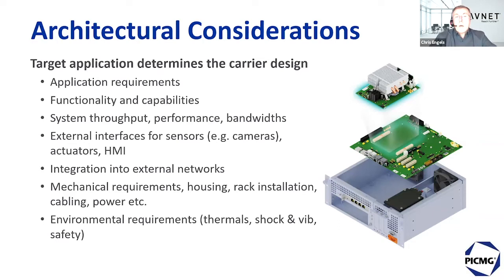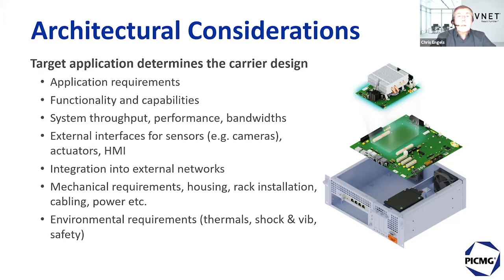If you break that down further, then you have specific needs for system throughput, performance, and bandwidth. You want to connect specific interfaces like sensors, cameras, or human-machine interfaces, displays, and so on. And there might be external networks the equipment needs to be integrated into.